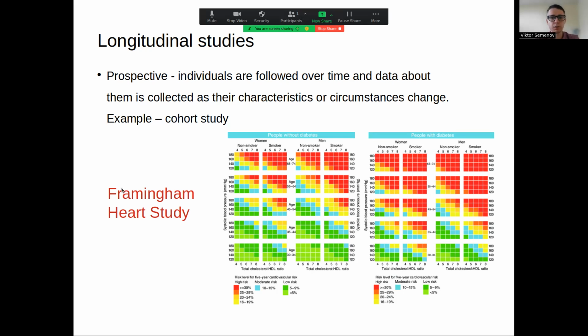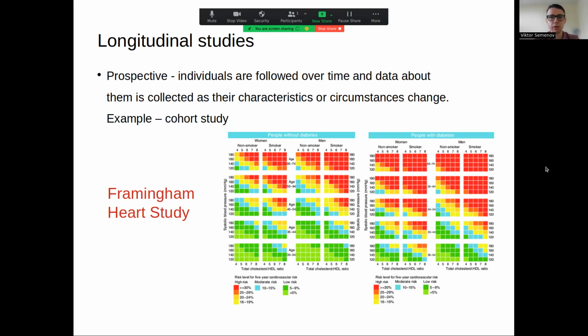A certain number of generations has changed in this cohort. But this study gives us invaluable information about who is at risk of development of cardiovascular complications. And these risk charts are being used very widely.